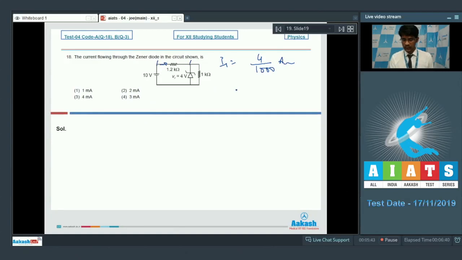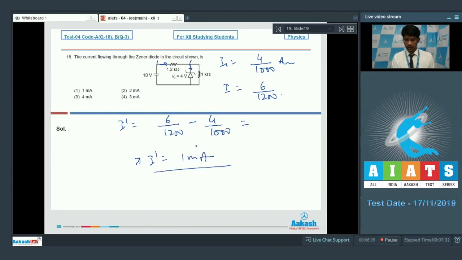So the current across here is I equal to 6 divided by 1200. So the effective current across the Zener diode is I dash equal to 6 divided by 1200 minus 4 divided by 1000. Making the calculation, we get 1 divided by 1000. That means I dash is equal to 1 milliampere. For question number 18, option 1 is the correct answer.